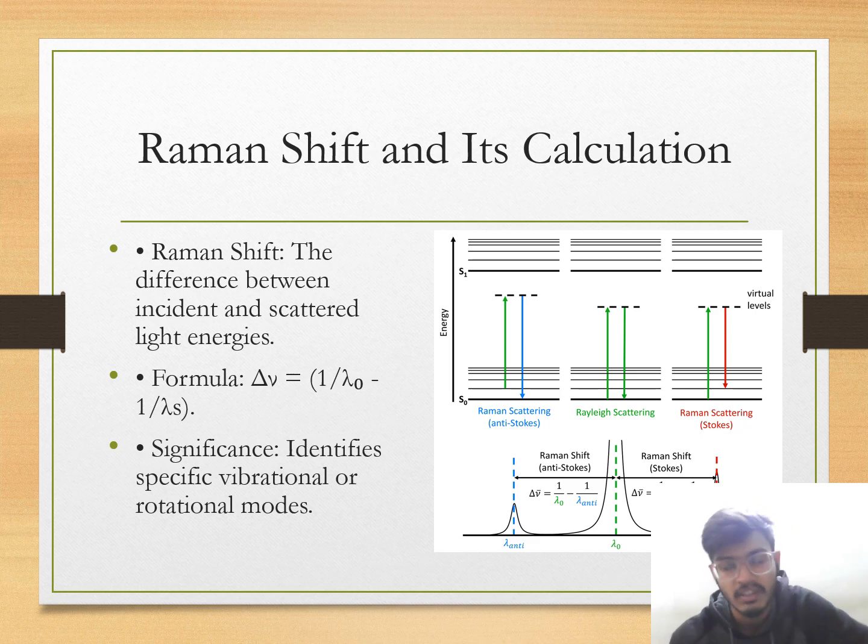The formula is delta ν = 1/λ0 − 1/λs, where λ0 is the incident light wavelength, and λs is the wavelength of the scattered light in centimeters. The significance is that it identifies specific vibrational and rotational modes.